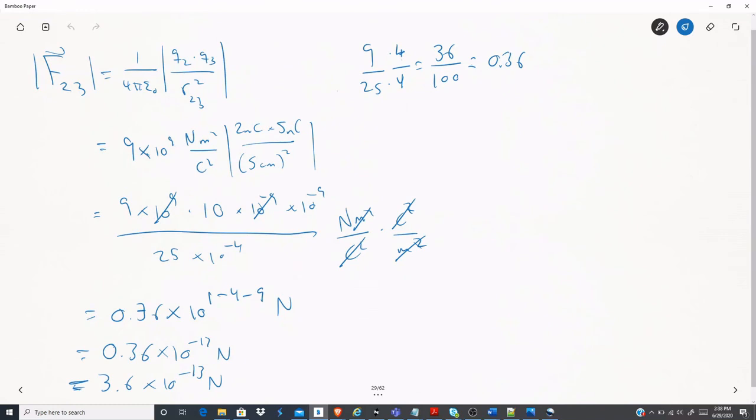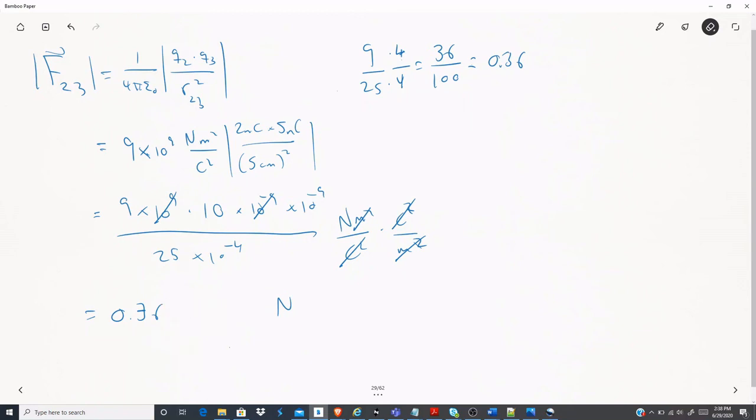Yes, I did. Okay, so the mistake I made was that this should have been a plus 4. And so when I do that, okay, so we'll just erase this real quick.